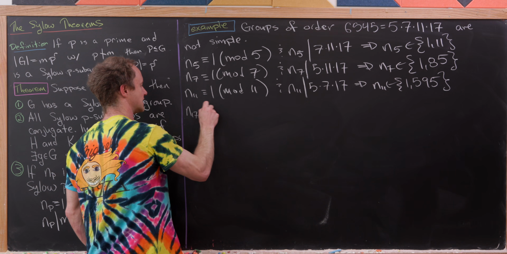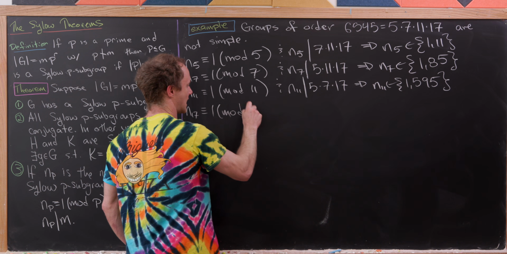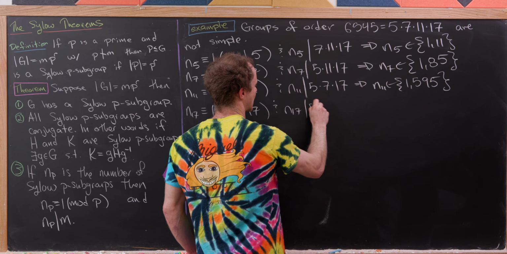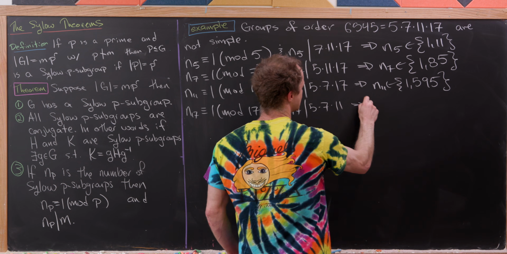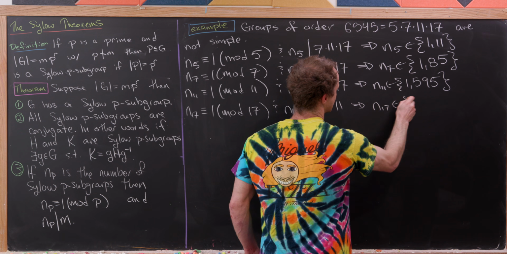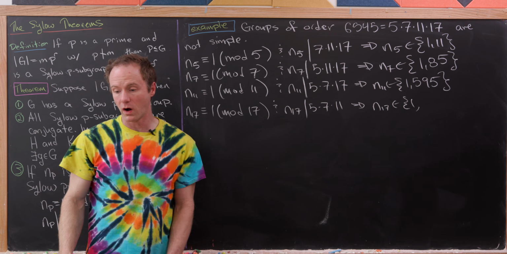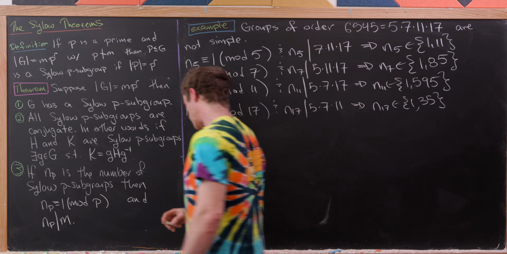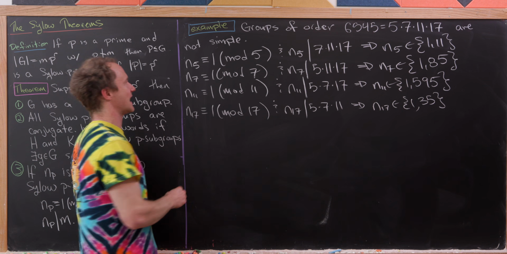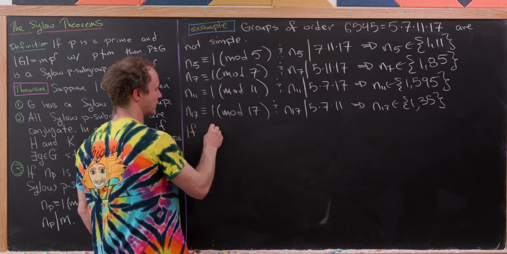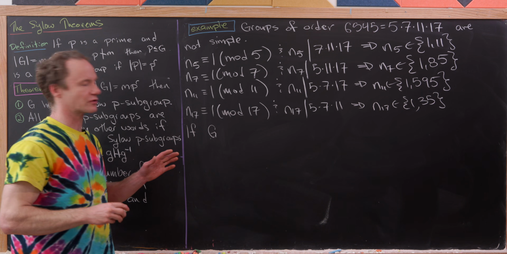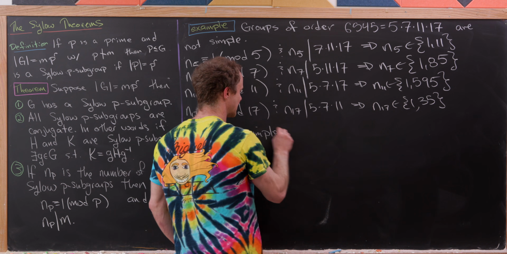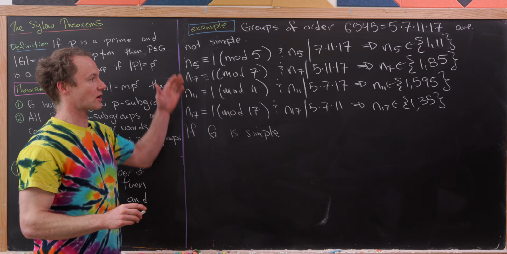Okay, so one more. So N17, which is of course congruent to 1 mod 17, and then N17 has to divide 5 times 7 times 11. So putting that all together, N17 is either 1 or 35. Good. And so now, let's observe that if this group, I didn't name the group above, but let's name the group G, is simple, that means that none of these n's are equal to 1.